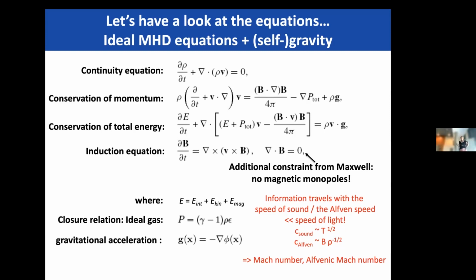Because the equations are so different for radiation transport, for gravity, for hydrodynamics, what you typically do is compute the solution, then compute the acceleration by radiation pressure, for example, and the acceleration by gravity and so on, and use this to compute the solution for the next time step.